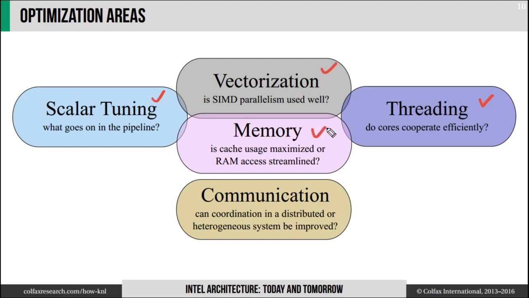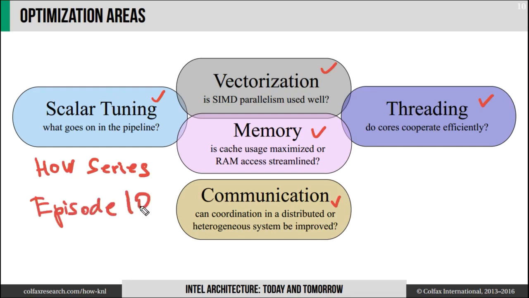If you are doing a distributed computation in a cluster, then you need to worry about the effectiveness of communication between multiple systems. We talk in detail about these optimization areas in our comprehensive 20-hour course, HOW Series. You can learn more about the HOW Series from episode 10 of this workshop.